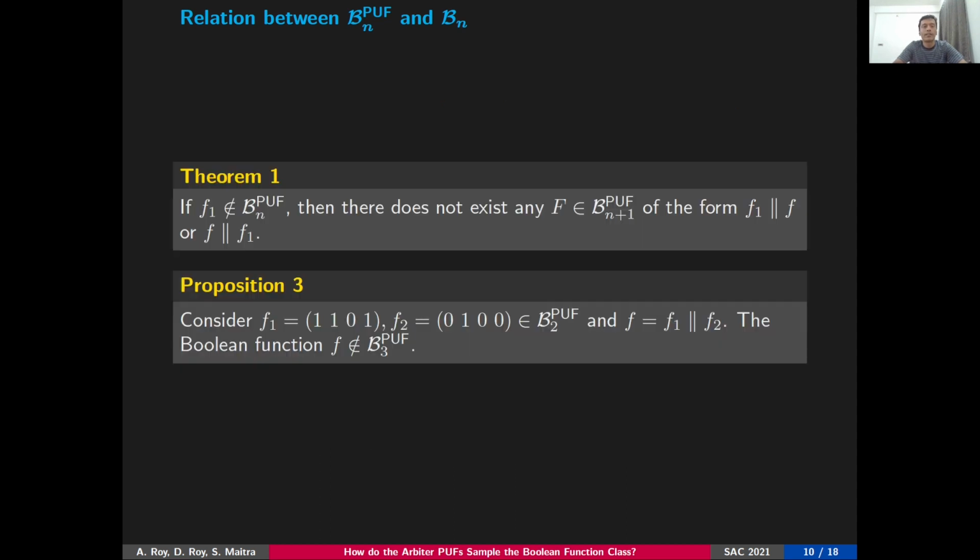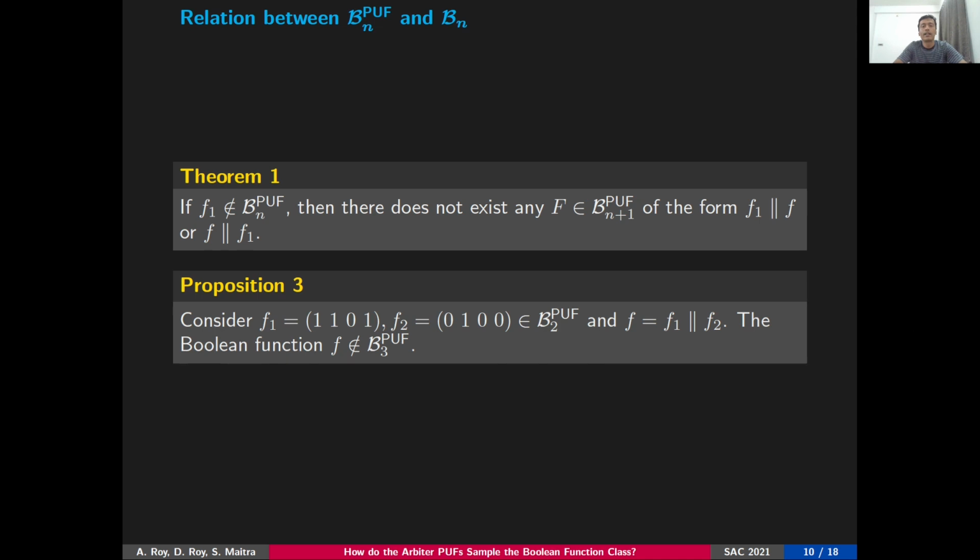So from this observation, we have proved that if f1 does not belong to the set Bn PUF, then there does not exist any f in the n plus 1 variable PUF set which is of the form f1 concatenate f or f concatenate f1.